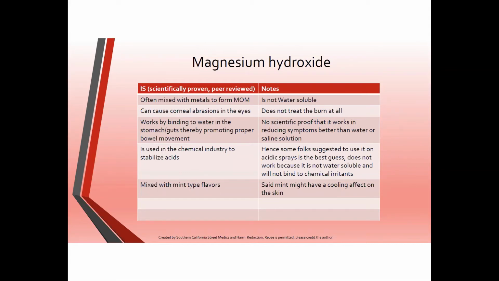Now, the biggest reason that I can come up with, and a couple of other folks that work more in the chemical industry, I'm not a chemist, I work in healthcare, but a couple of chemists I spoke to who helped write up that document that you can download on the website, is that magnesium hydroxide is used to stabilize acids. Initially, years ago, when law enforcement started using riot control agents, it was believed to be an acid attack.